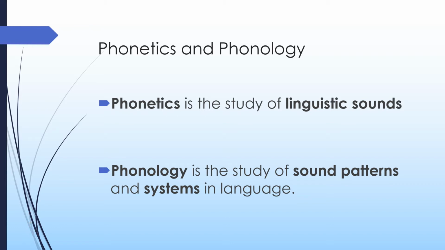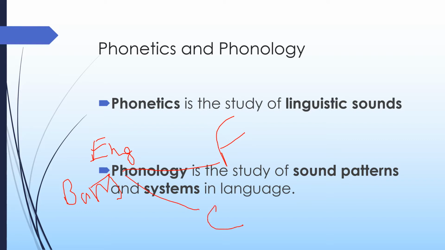If that is English phonology, then if we study Bangla sounds, we need to consider it Bangla phonology. So that's how the phonologies are different. There could be French phonology, Chinese phonology, Arabic phonology. So there are lots of phonologies. So phonology is based on a particular language.